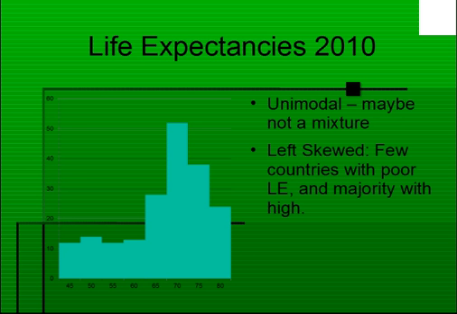Notice that this is similar to what the infant mortality data is telling us, in the sense that most countries have low infant mortalities and a few have high, because life expectancy and infant mortality are opposites.